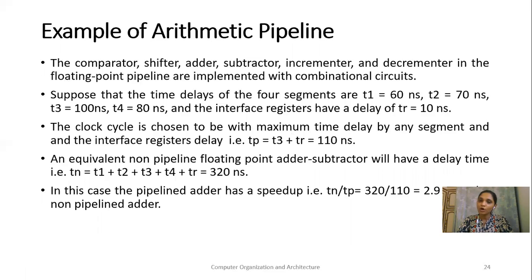Okay, so that all of your tasks can be done in parallel. We know that the first segment requires only 60 nanoseconds, the second segment only 70 nanoseconds, but we will provide the extra time so that segment 3's task is also completed in one clock. Okay, so we will require this 110 nanoseconds for your clock period.